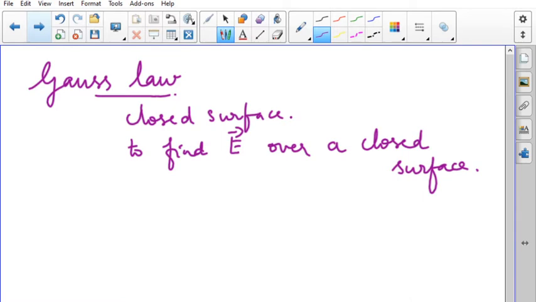Now let me explain what Gauss law is. Let us consider a charge Q. It is a point charge, surrounded by an imaginary sphere of radius r. So let us draw an imaginary sphere.